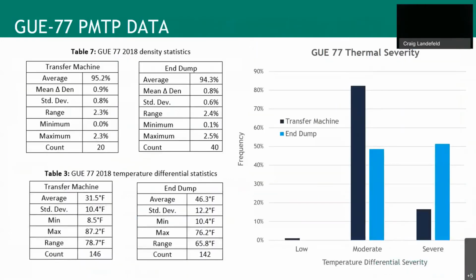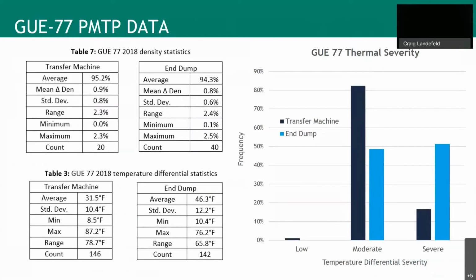So what you'll see here is the Guernsey 77 project. It's not really a surprise that the transfer machine provided some better results, but as you can see here, as we look at some of the different data, it's just as we would expect. We got some low, moderate, and severe segregation.